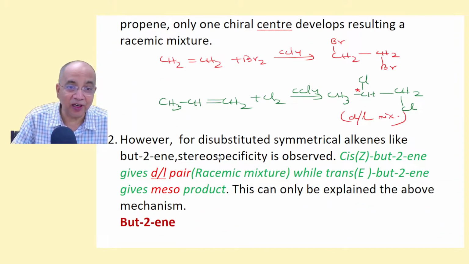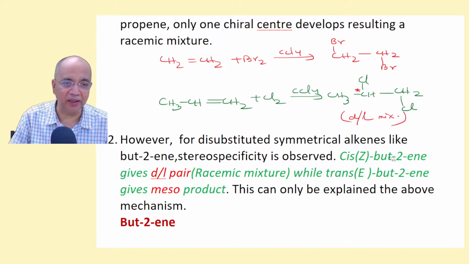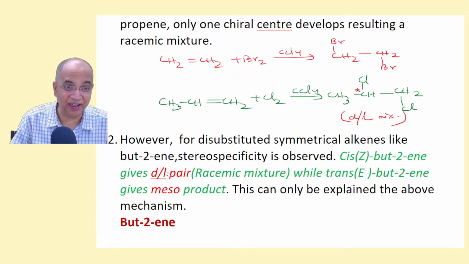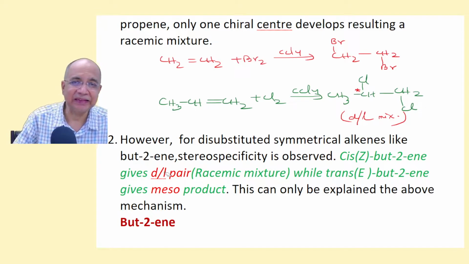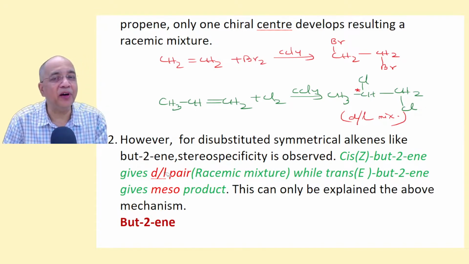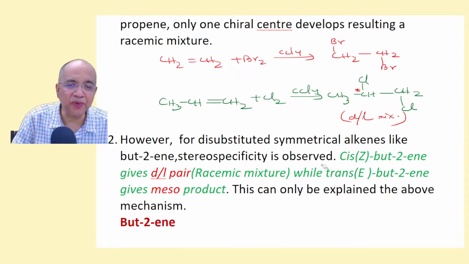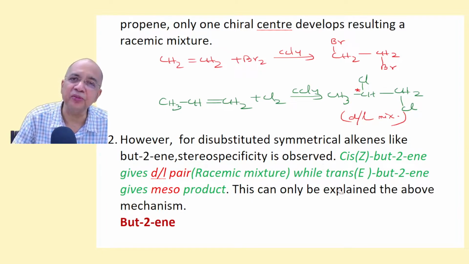But for disubstituted symmetrical alkenes like 2-butene or 3-hexene, all symmetrical in respect of structure and in respect of number of hydrogen atoms, stereospecificity is observed. Cis or Z, same thing.